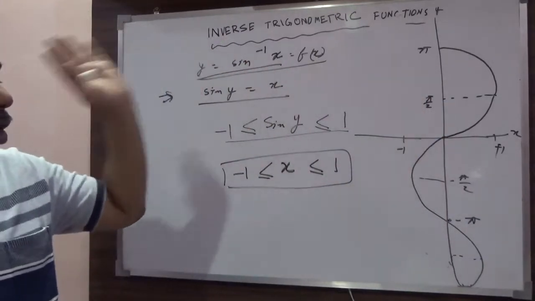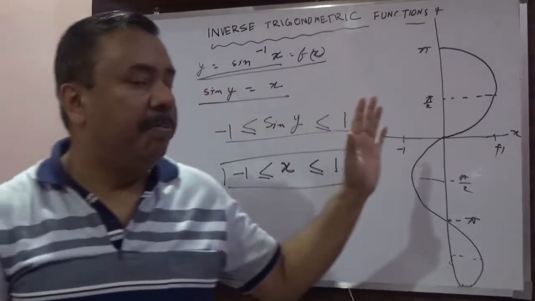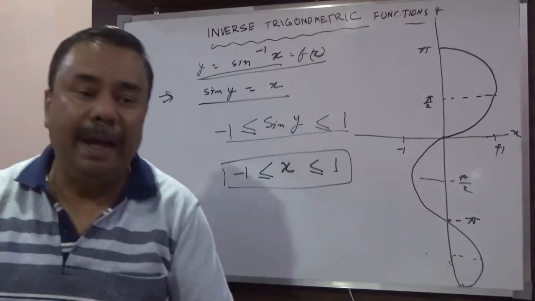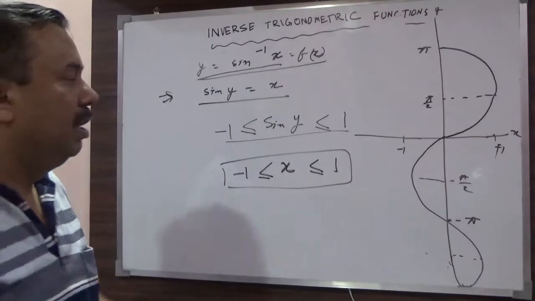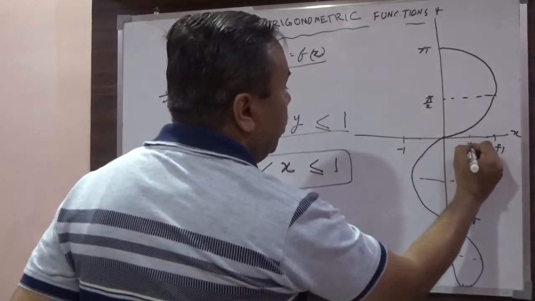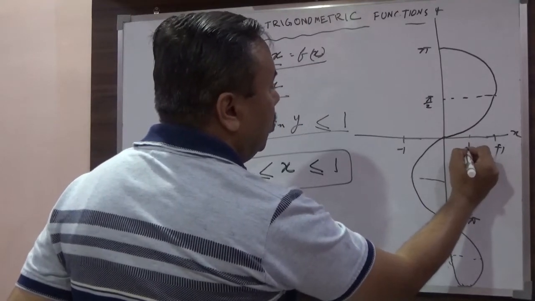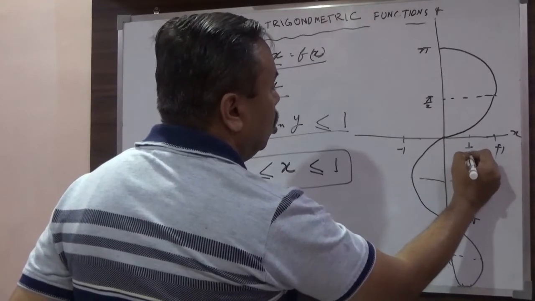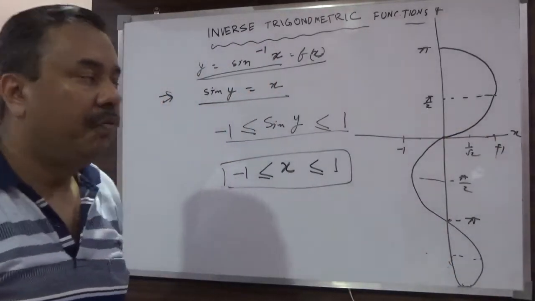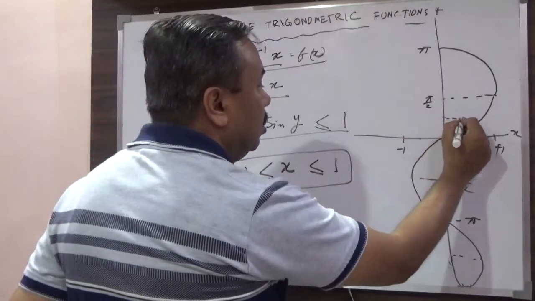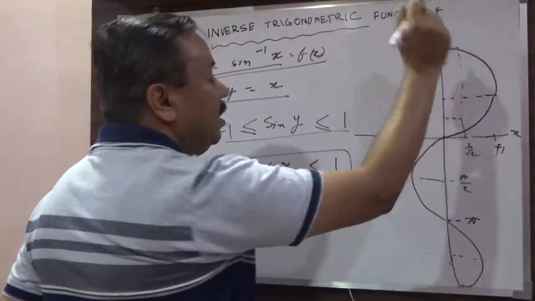So now what I can see is, for any particular value of x, y has got so many values. Suppose I take it as 1 by √2, which was at y equal to 45 degrees, that is here. But this value is again attained at this point also.